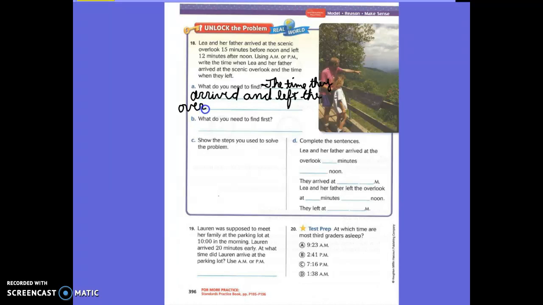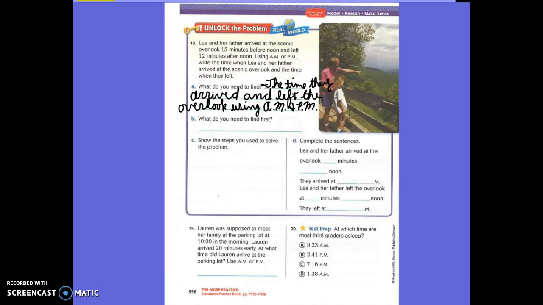But that's not all. What did it say? Using AM and PM. Very good.